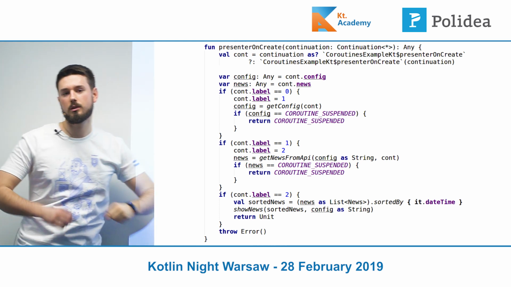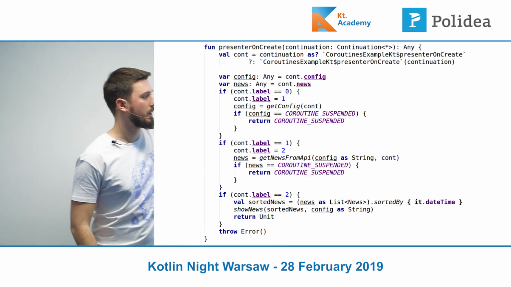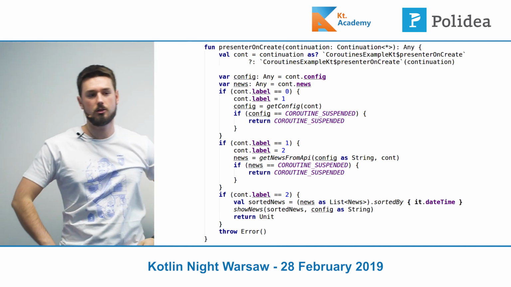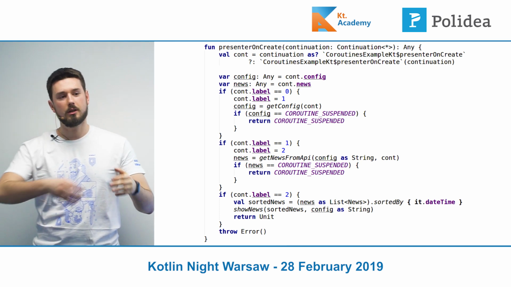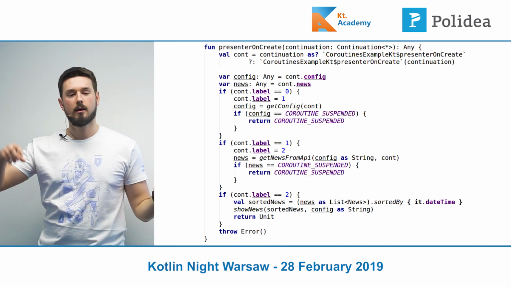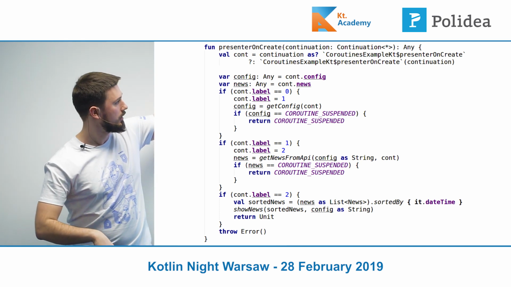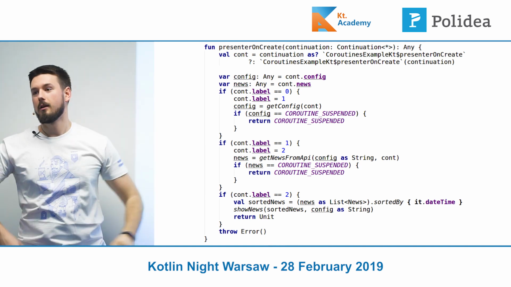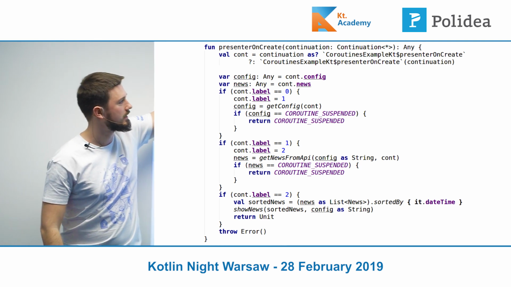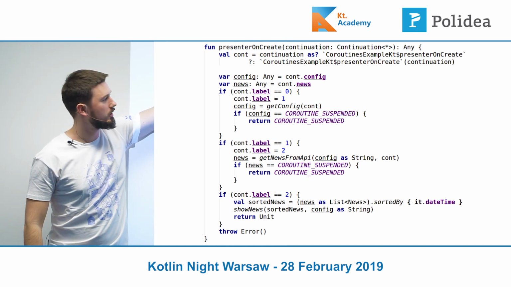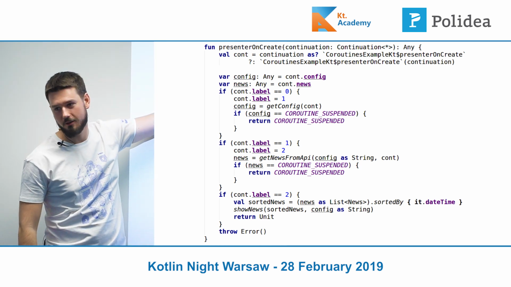It suspended coroutine, finished. We propagate coroutine suspended up, and we release our thread. But after some time, our data came from API, and the resume with our config is called. So our continuation can see what the label is, so it knows what data we wait for.